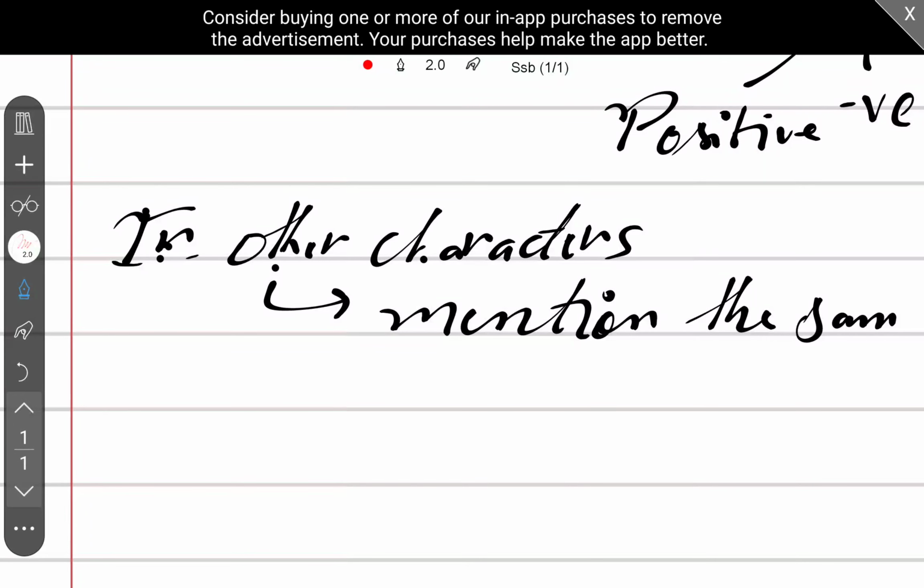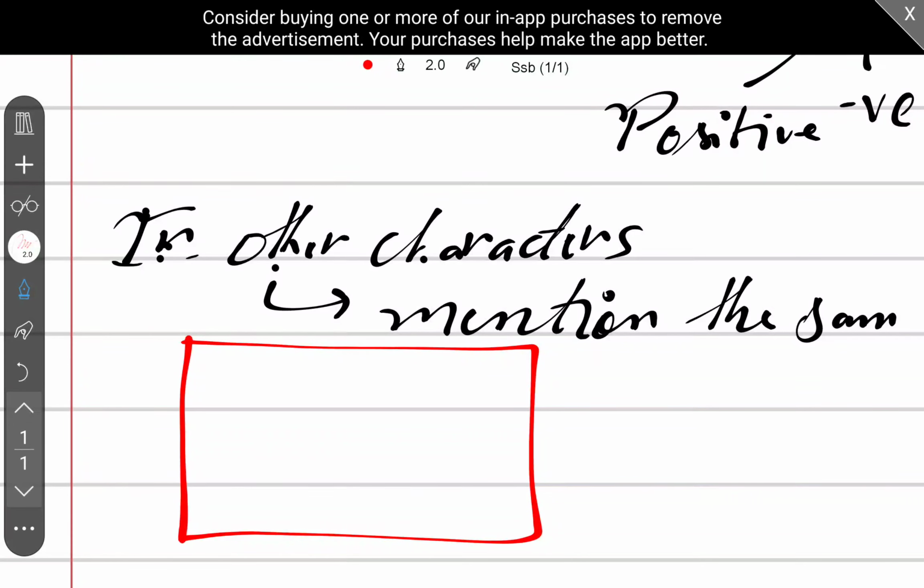You need to put a circle on the main character. This is the box. Let's take an example where we see three characters. Out of the three we have one main character.